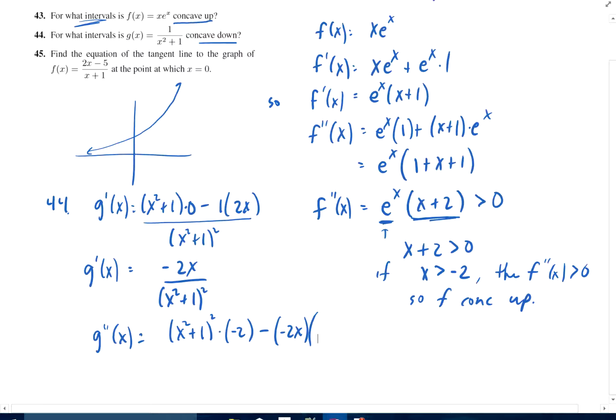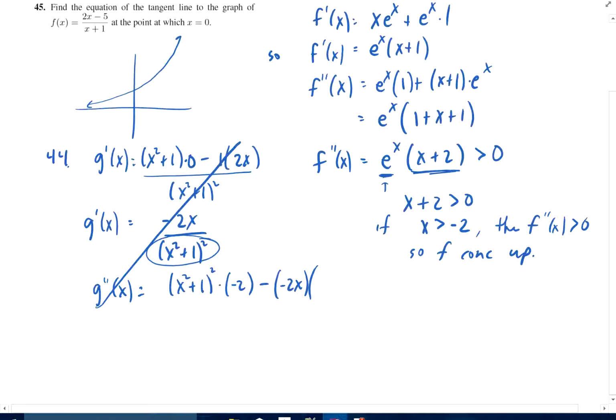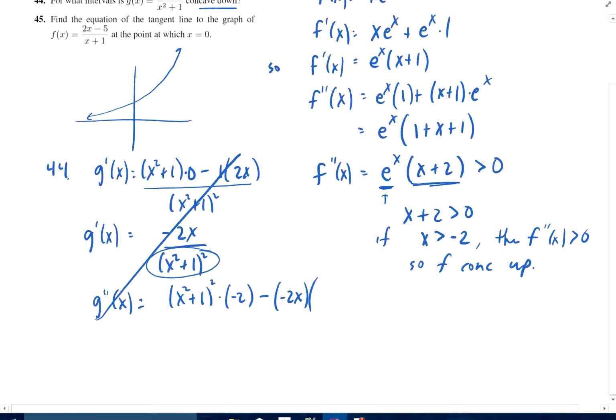So why is this problem here at this moment in time? I'll tell you what, let's hold off on 44 until we know how to do the derivative of this guy. Not sure why this problem's here right now in this section. So don't worry about that right yet. We'll hit it in class because we'll be able to do it now that we know how to do the chain rule after the next section.